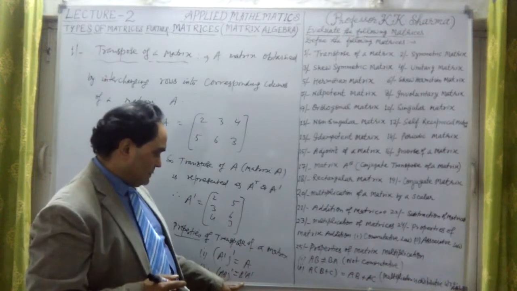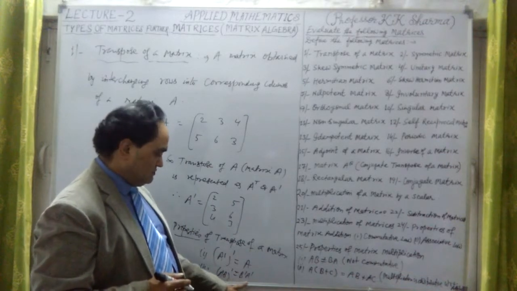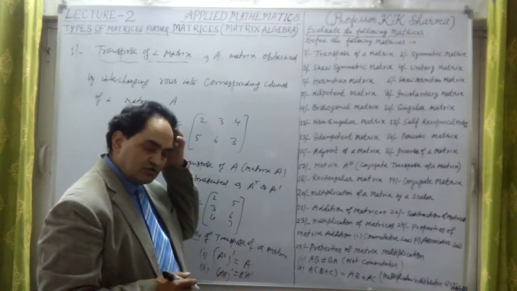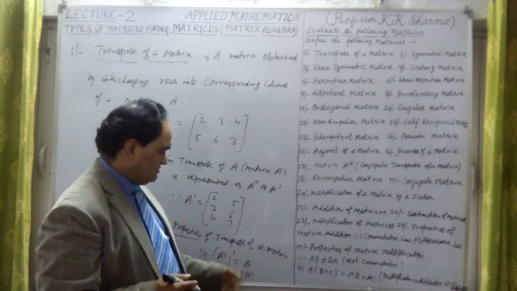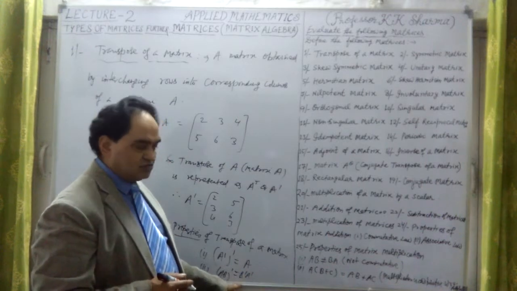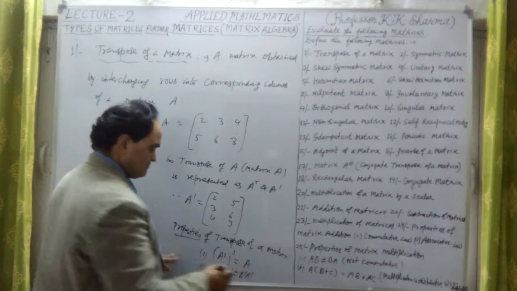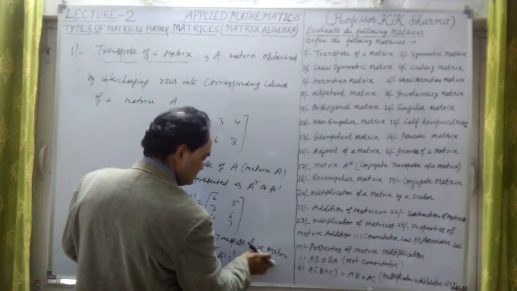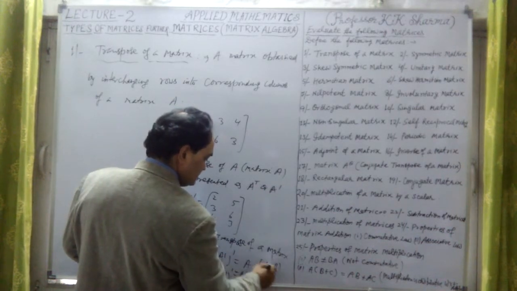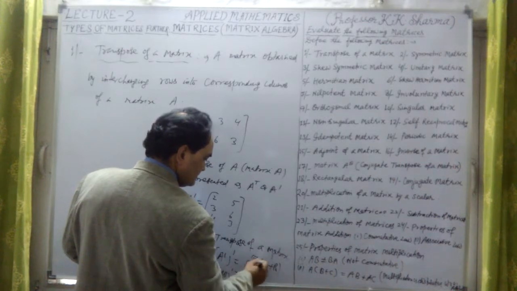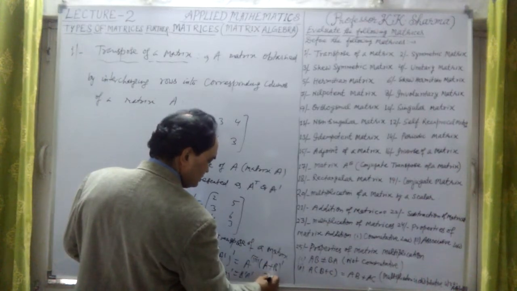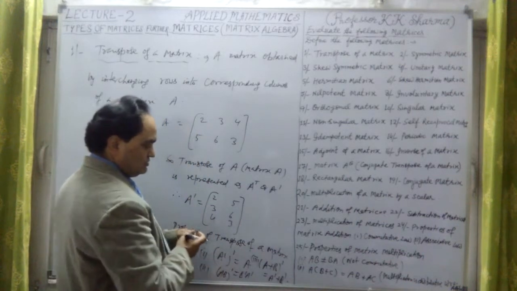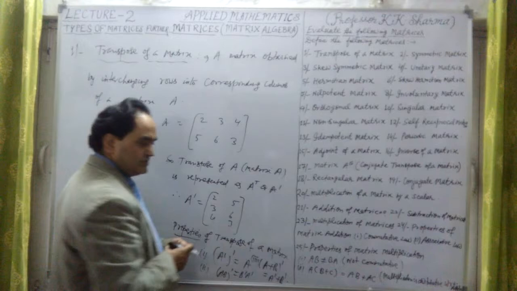That means B will come first in the case of multiplication. These are the two properties. And the third one is the transpose of addition: A plus B whole transpose is equal to A transpose plus B transpose. So these are the three properties I've taken.